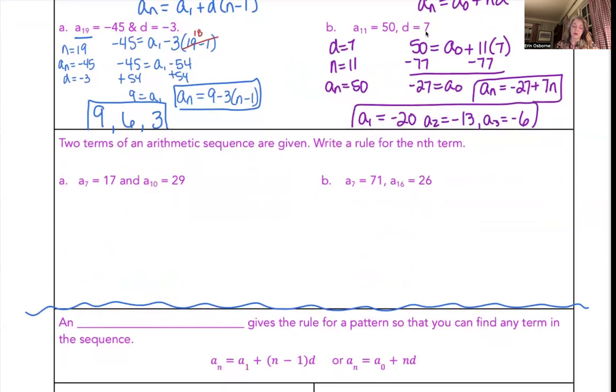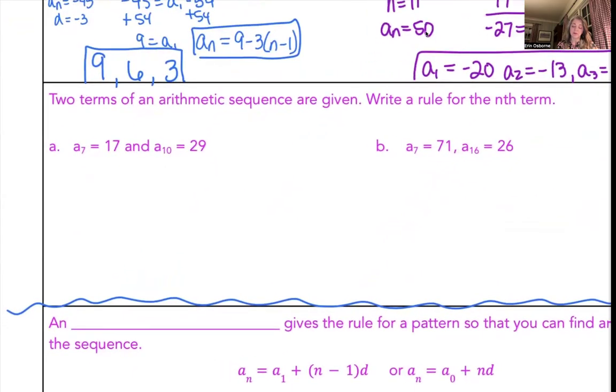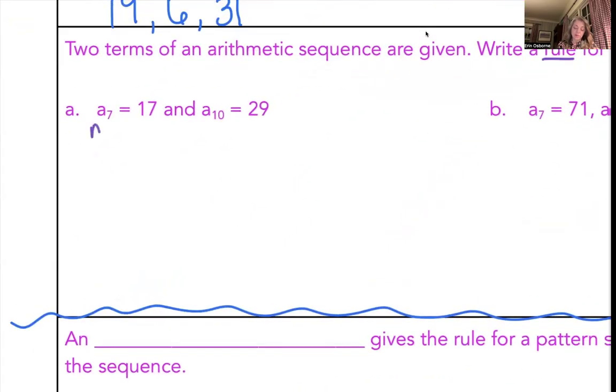Okay, the last two problems where we're practicing applications of arithmetic sequences is down here. Two terms are given and we have to write the rule. All you know right now is that in this first information, n is a 7, but a sub n is a 17, and over here n is a 10, a sub n is a 29.